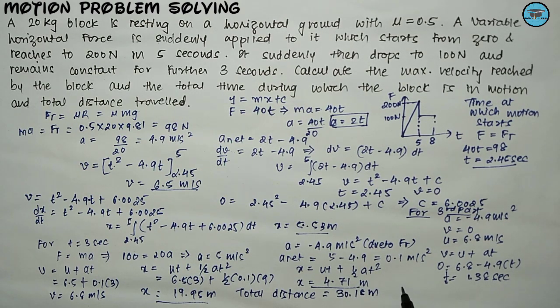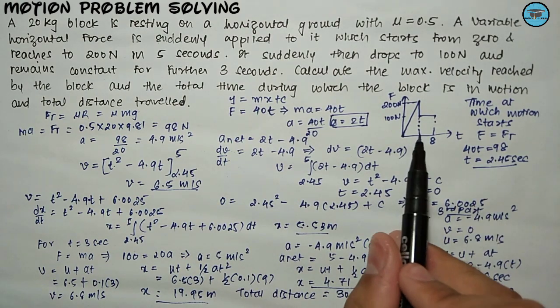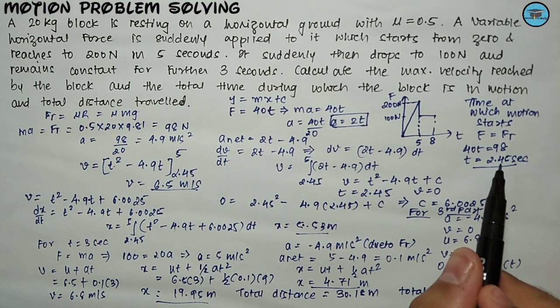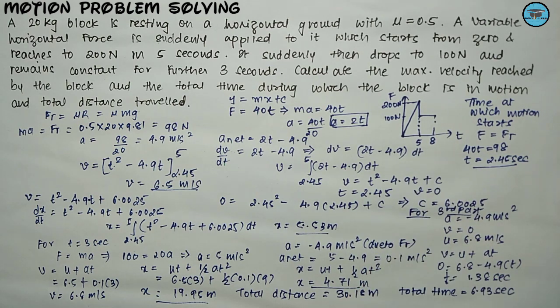The total time of motion comes out to be 6.93 seconds, determined by 5 minus 2.45 plus 3 plus 1.38. And the maximum velocity reached by the body is 6.8 meter per second.